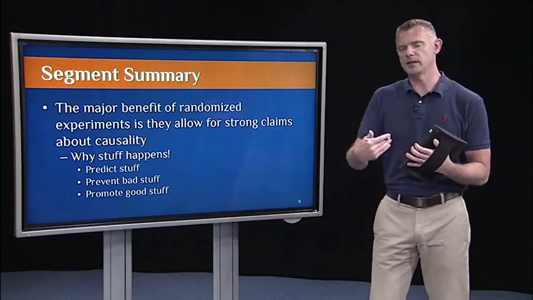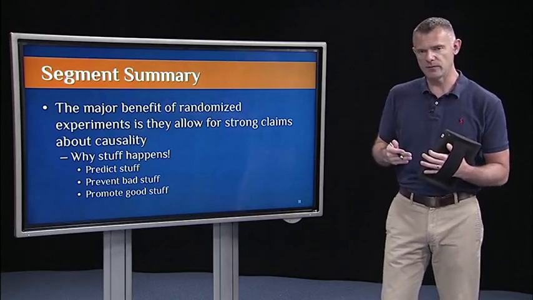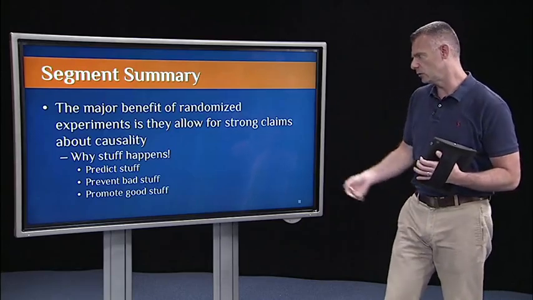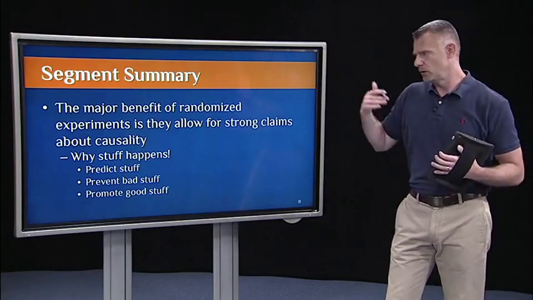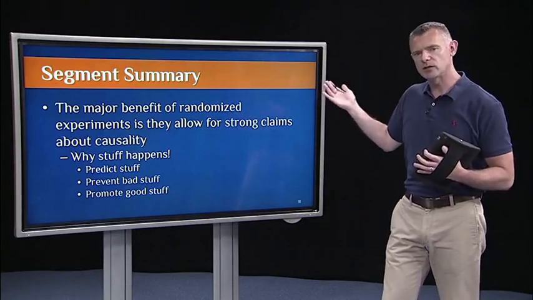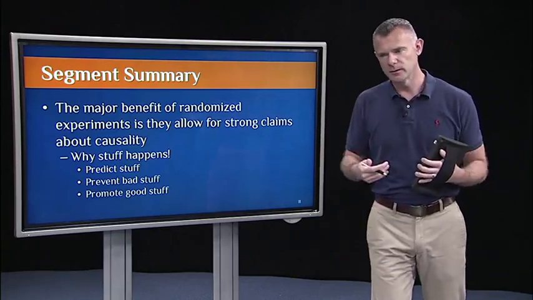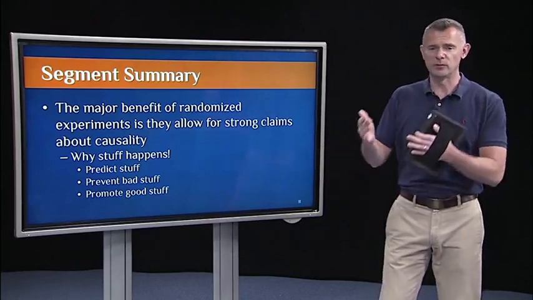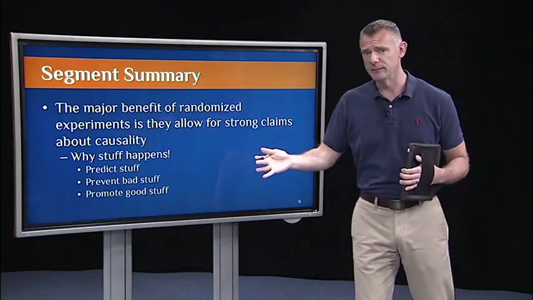Salk thought he had a vaccine that could prevent it, and sure enough, if he gave the vaccination to enough children, they were able to prevent the bad stuff from happening. So again, experiments allow us to make causal claims about why stuff happens. So that allows us to predict stuff, which means we can prevent bad stuff, and we can promote good stuff.